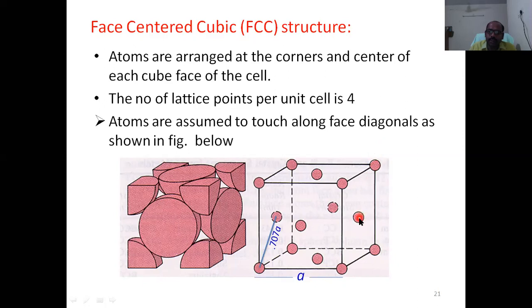And this one is a face-centered point. It is the face center of the rightmost face, what we are seeing here. Its contribution to this unit cell is half. The same face or the same plane is being shared by another unit cell which touches this unit cell.